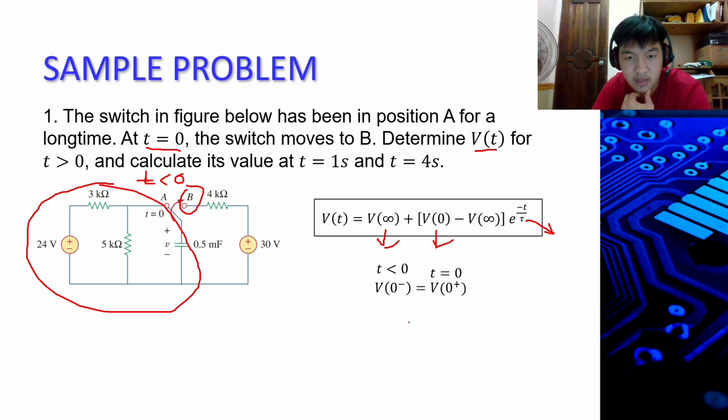First, V of 0 negative is when t is less than 0, where the switch is at A, and it equals V of 0 positive, which is when the switch is at B at time equal to 0.